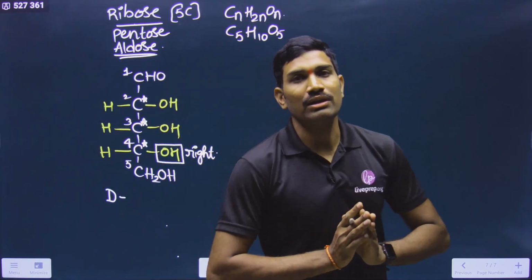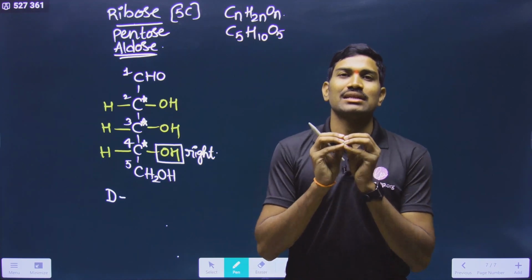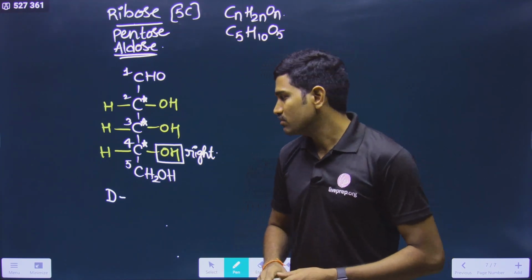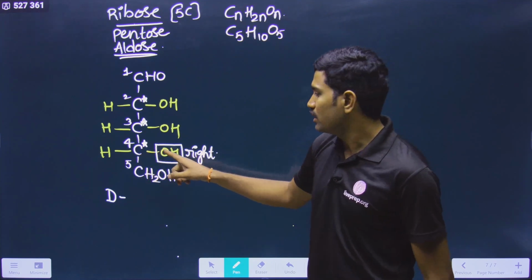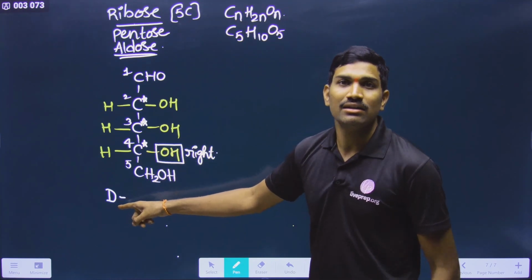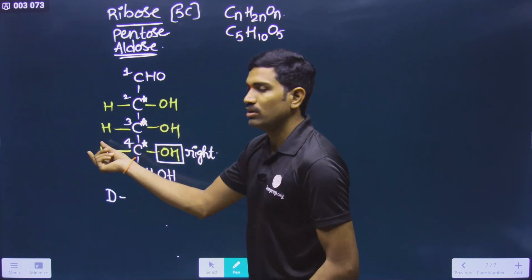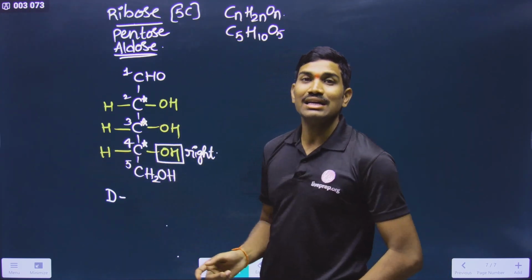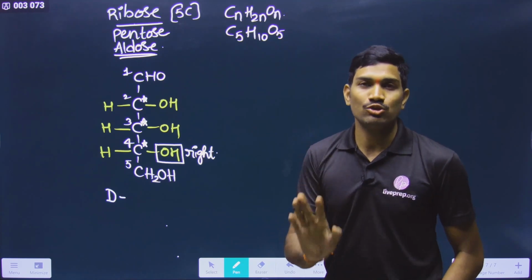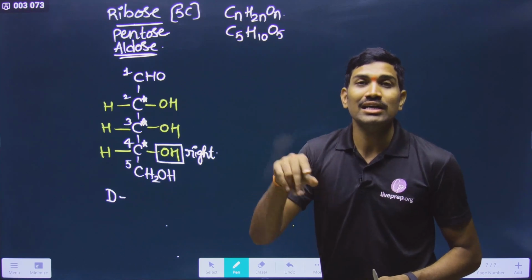If you don't know about the isomerism concept, please consult the chemistry faculty. They will explain it much better. So please remember, on the last chiral carbon, if OH is present on the right side, it is the capital D type of isomer. If it is reversed, with OH on the left side, then it will be capital L. Capital D, capital L isomerism is different from small d, small l.